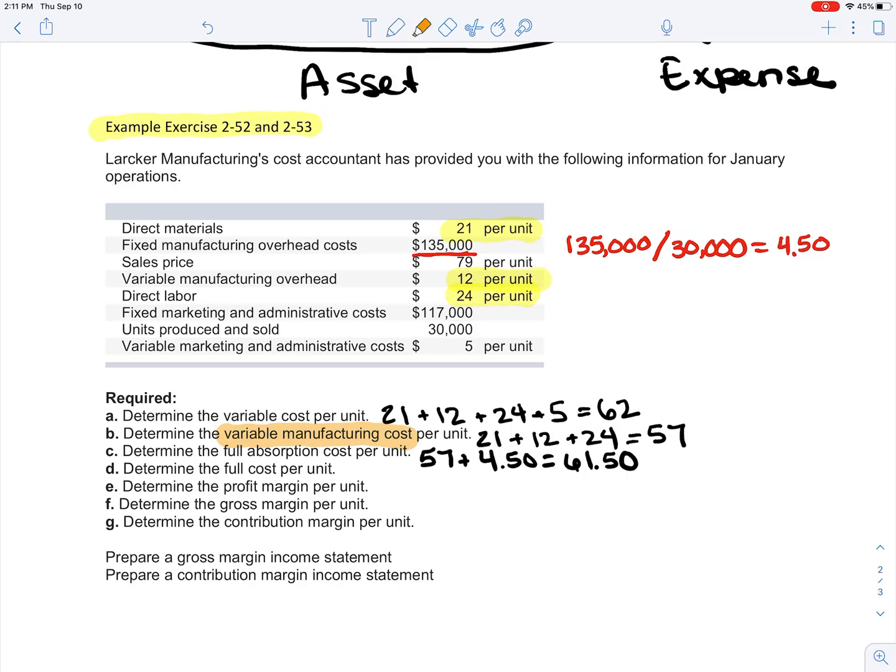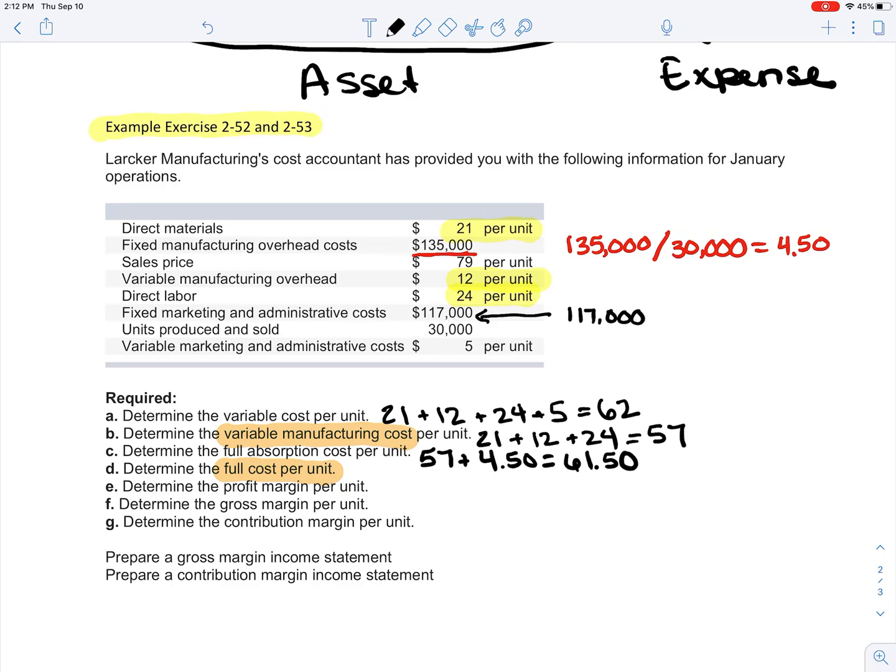Now the difference, notice, in this is the full cost per unit. In the full cost per unit, we are also including our other fixed costs. Here is the rest of my fixed cost. Again, I have to put this on a per unit basis.